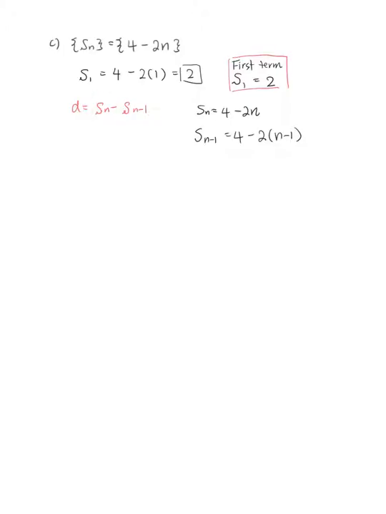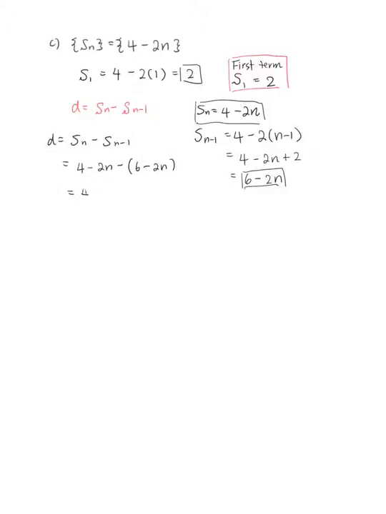And if we simplify that, what do we get? 4 minus 2n, and then plus 2. So in this case, what we're going to get is 6 minus 2n. So let me just box that. Alright, so now let's see. Our d is s sub n minus s sub n minus 1, which is 4 minus 2n, and then minus 6 minus 2n.